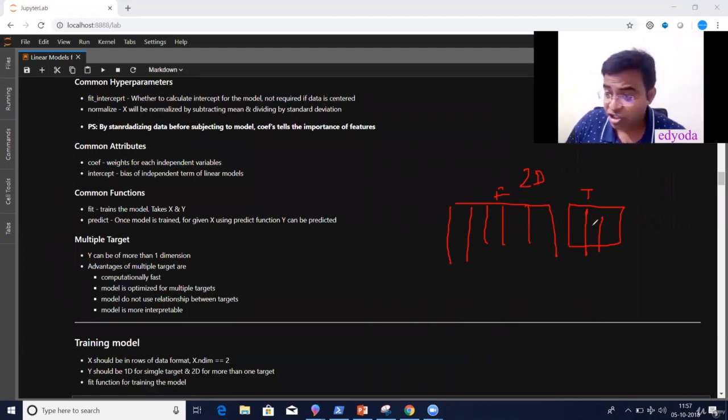There will of course be a relationship existing between the targets, and linear regression allows you to find multiple targets for the same feature, so that the relationship between them is maintained. If the targets are very much independent of each other, you can create three different models to predict three different values, or you can do that in one shot, which is computationally faster. Here the model is optimized for multiple targets, whereas separate models do not use the relation. So here it maintains a relationship between them.